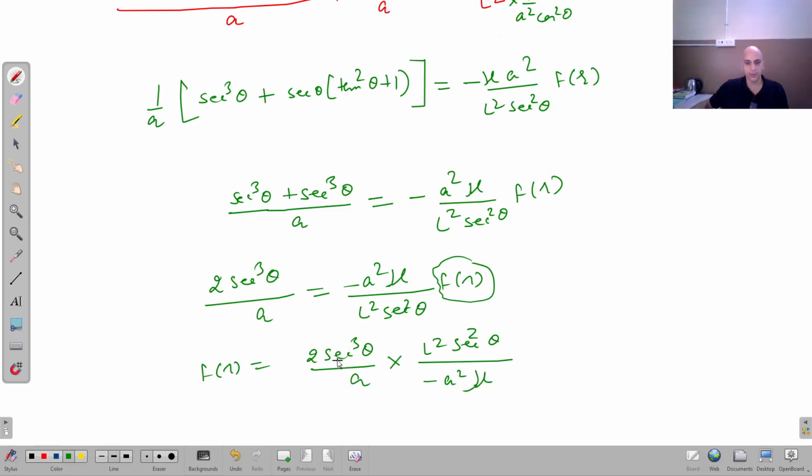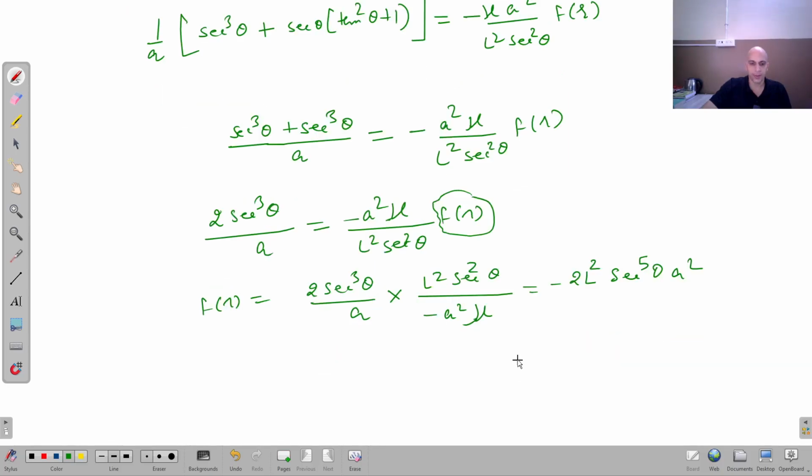So it becomes minus 2 L square secant power 5 theta, it was a cube, yes, I was wrong, divided by a cube mu, right? So this is what I got from here.